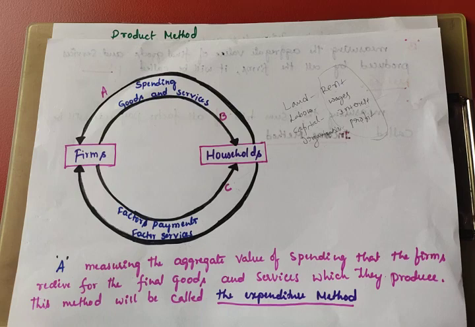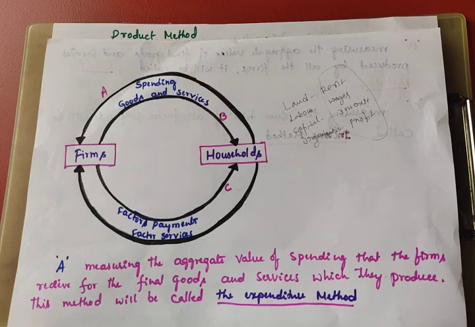Expenditure means expenses incurred by all the firms in the economy, how much they are expending to produce final goods and services. Are you understanding? Here you have to take the entire economy, because we should calculate the national income.